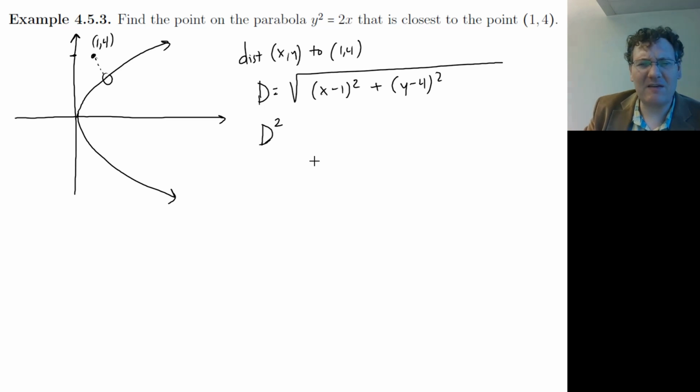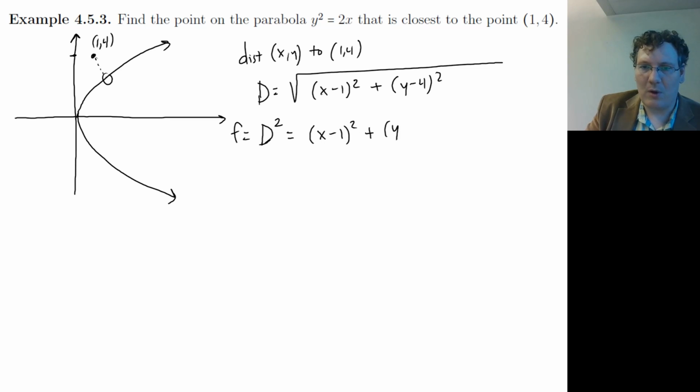So it's going to save us some headache to look at the squared distance, and I might as well just call this f. So the distance squared is x minus 1 squared plus y minus 4 squared. Then I just dropped the square root. I'm going to focus on minimizing this function of x and y.